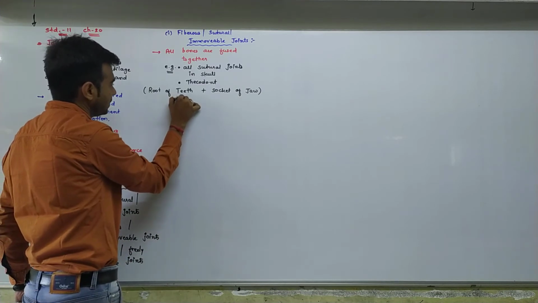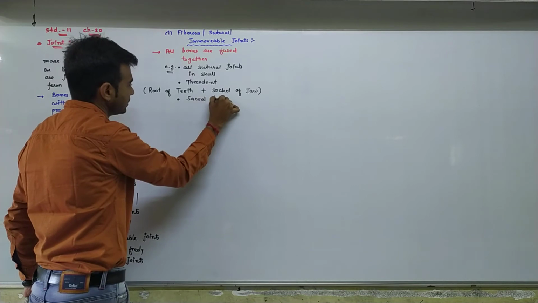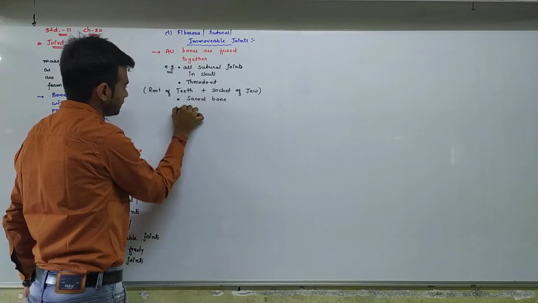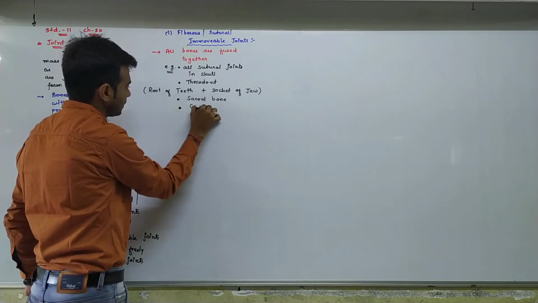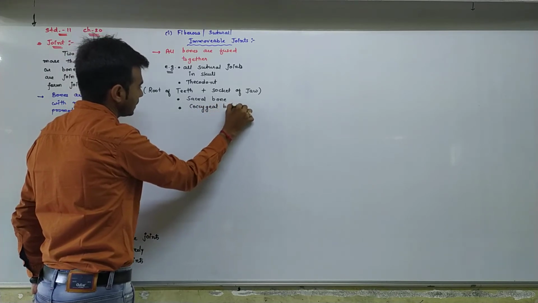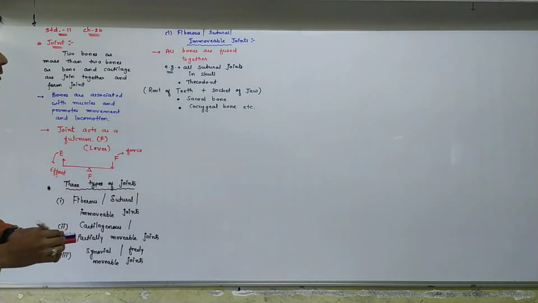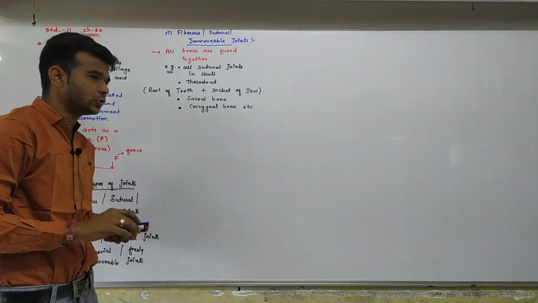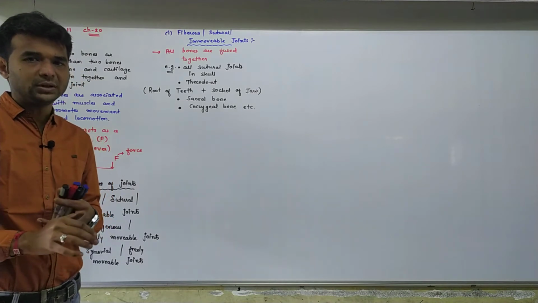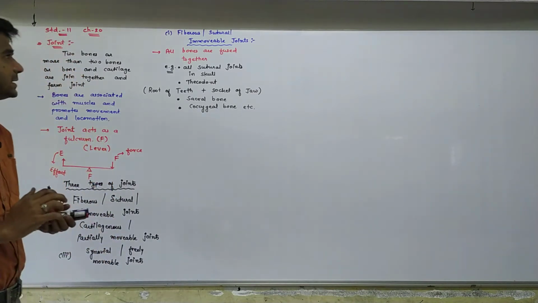Another example, sacral bone, coccygeal bone, etc. In these types of joints, all the bones are fused together and it is immovable.